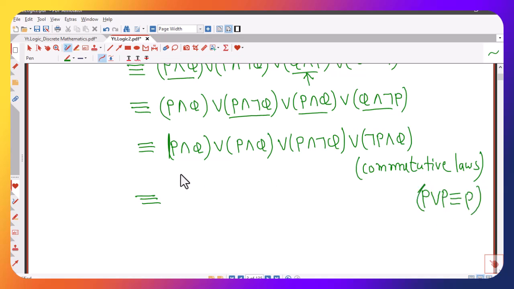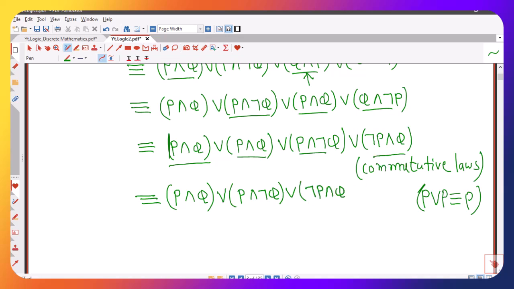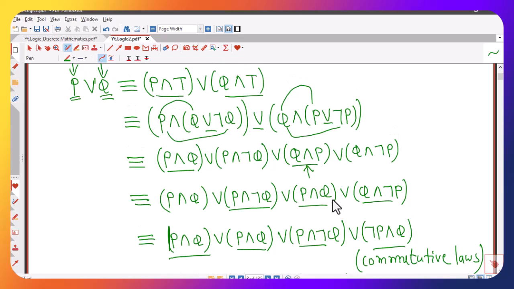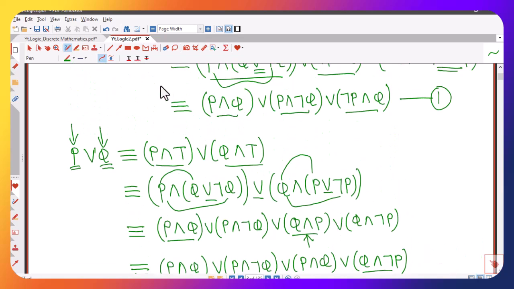So here instead of P we have P and Q, or P and Q, that is logically equivalent to P and Q, or P and negation Q, or this term negation P and Q. Now I have a disjunction of min terms only, and now I can compare these two.